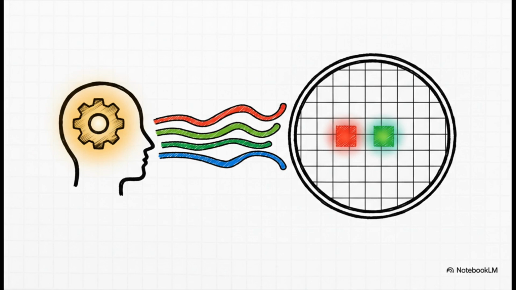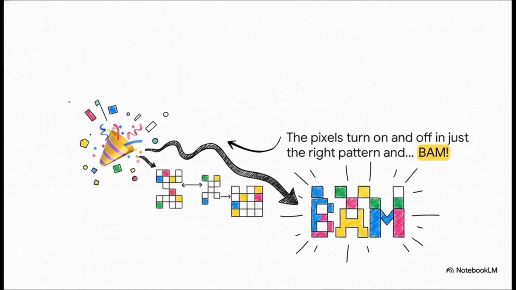And your screen is made up of millions of tiny little dots called pixels, and each one has a little red, green, and blue light inside. So, following the interpreter's master plan, the computer tells specific pixels exactly what to do, which ones need to turn on, which ones stay off, and what color they should be to create the shapes of the letters.